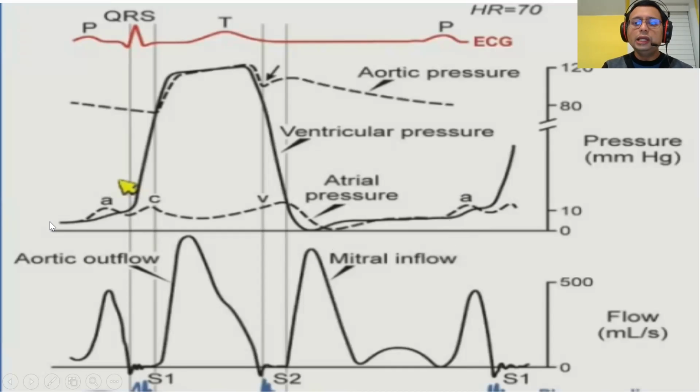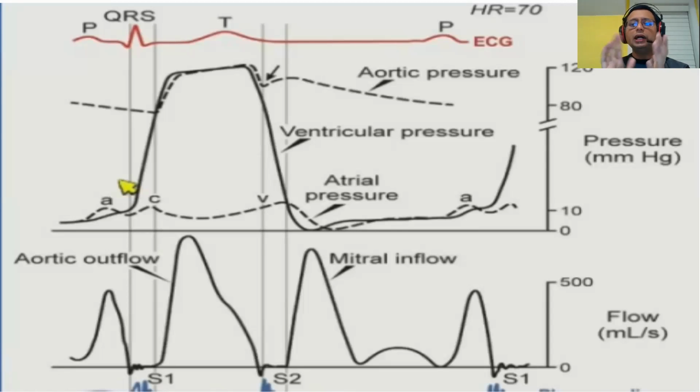Now, this patient has normal relaxation and normal left atrial pressure. If you see the left ventricular pressure here, it comes down very rapidly, so that the isovolumetric relaxation is between 70 and 100 milliseconds.